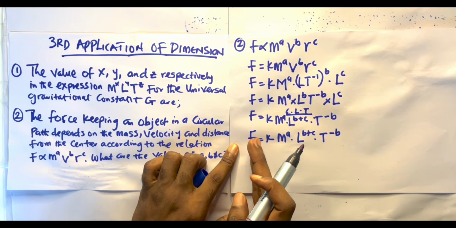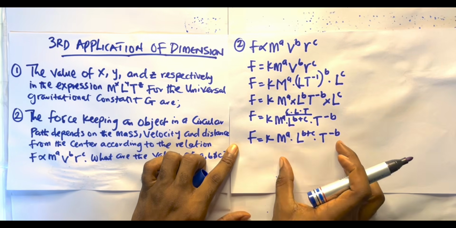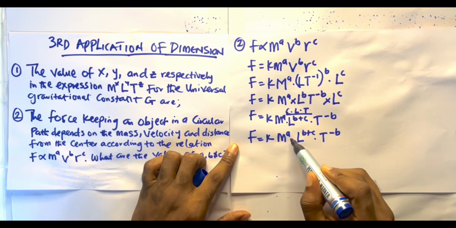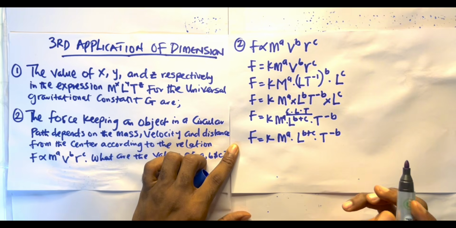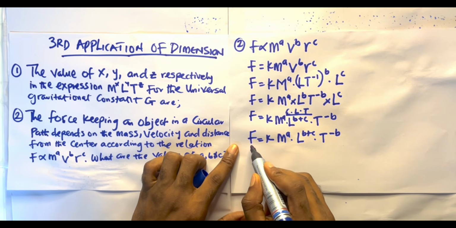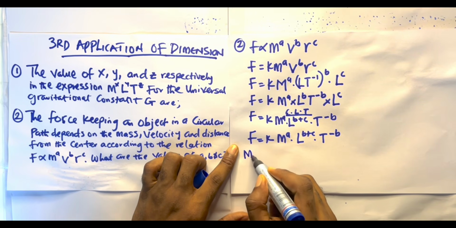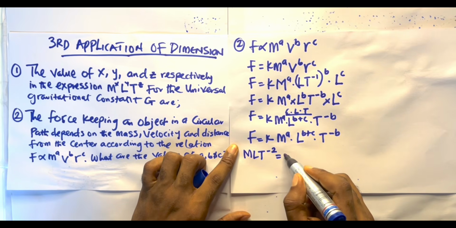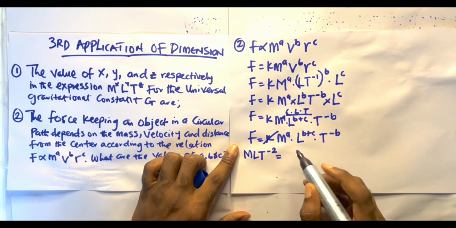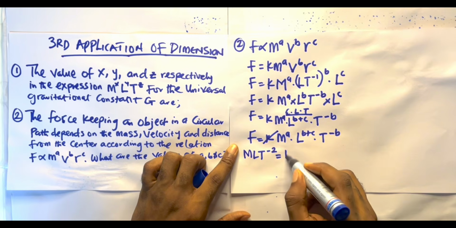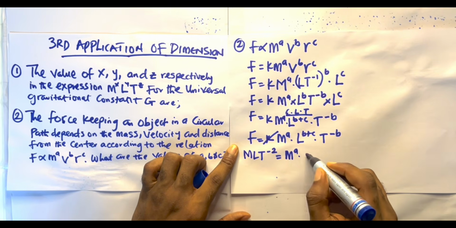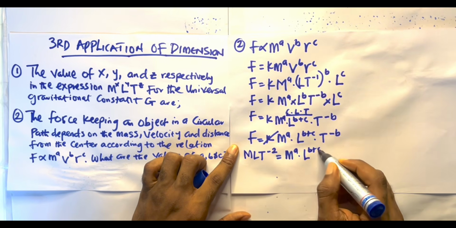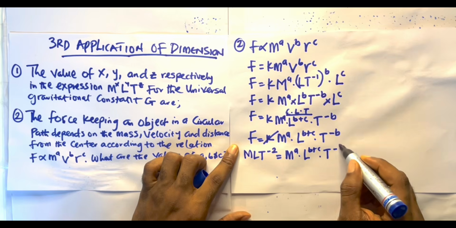So let's solve for the left hand side so that we can compare and have our values of a, b, and c. How are we going to do that? Remember that the dimension of force is what? M L T^-2 is equal to, let's neglect this K for now and keep it one place, M^a dot L^(b+c) dot T^-b.